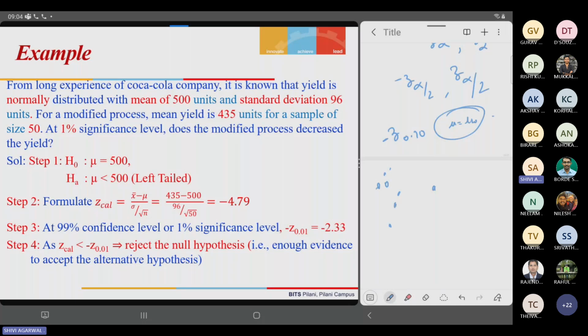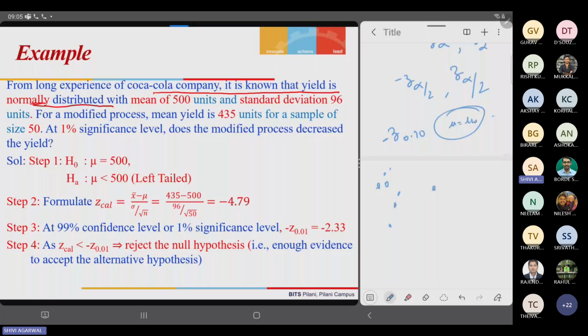So the question is: from long experience, the Coca-Cola company knows that the yield is normally distributed.